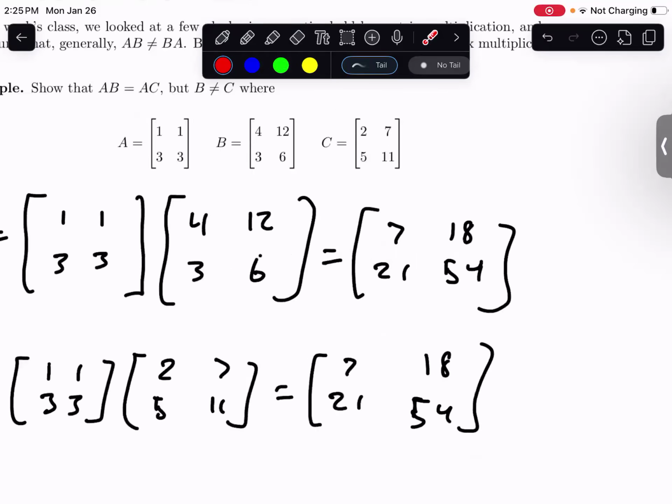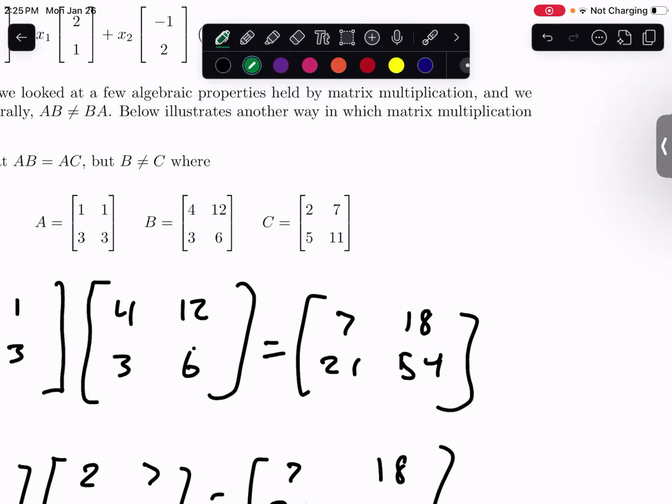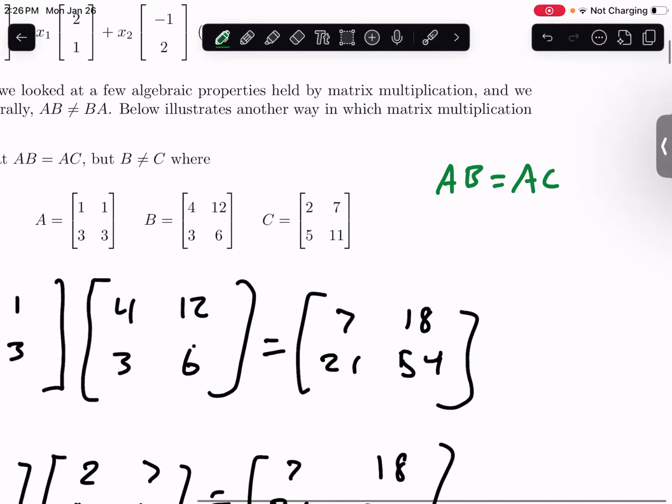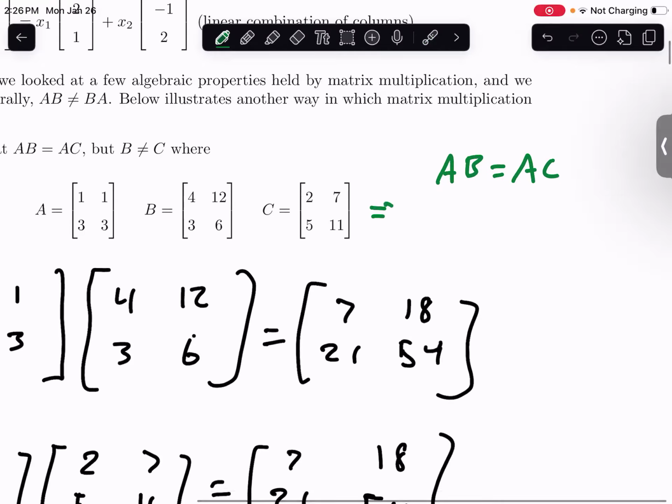We haven't talked a lot about inverse matrices. We've done a little discussion as a preview, but if we have A times B equal to A times C, eventually we'll talk about matrix inverses and how they work with respect to multiplication. But the idea with the matrix inverse is that if A is an invertible matrix, you can multiply both sides by the inverse.